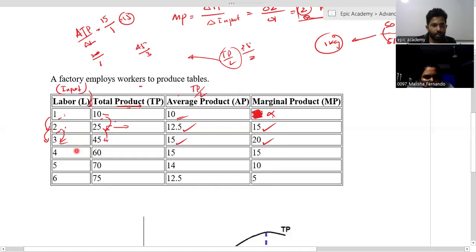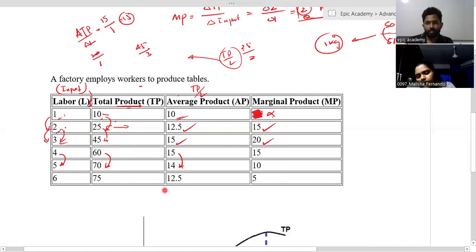Again, with 4 labor, total production becomes 60. The difference is 15. Average production becomes 15, and marginal production also becomes 15. But here you can identify 4 to 5: total production increases, but what happened to the average production?